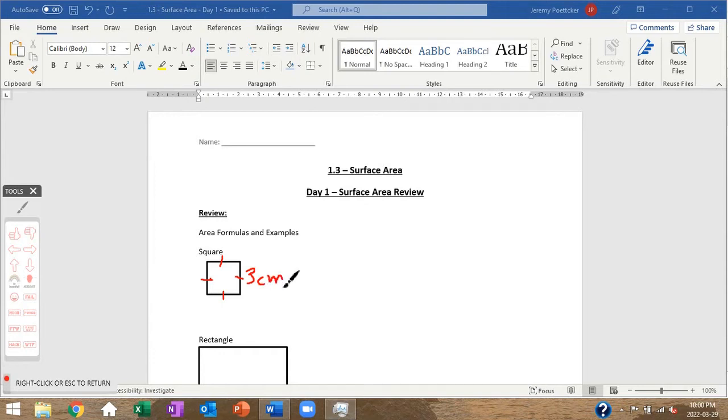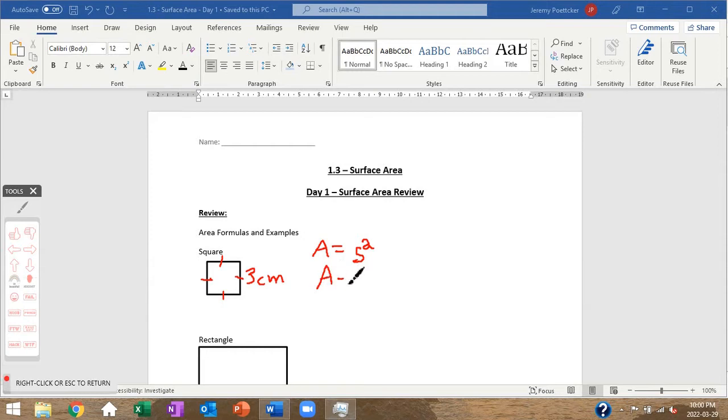All right. Now, because it's a square, I don't need to write 3 centimeters next to all of the sides because these little tick marks tell me that each side is the same. So if I want to find the area of this square, area of a square is equal to, and we need to know this formula, side length, so S squared.